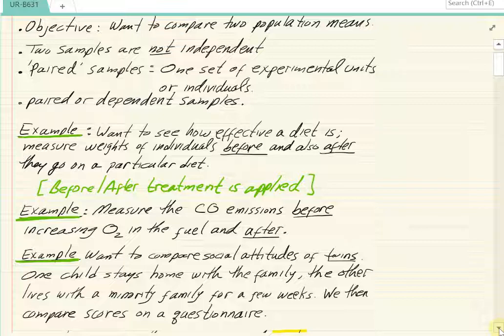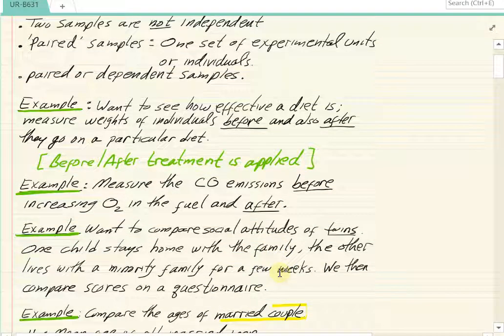So we can detect any differences in the treatments due to the treatment effect, not due to the variability from subject to subject. That's the advantage of pairing them. So in the case of twins, we're going to look at the social attitudes of the twins. So let's say one child's going to stay home with their family, the other one's going to be sent away and live with a minority family, and a few weeks later you can compare the scores on a questionnaire and compare those scores one against the other.